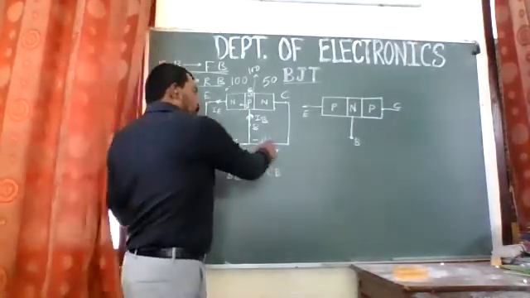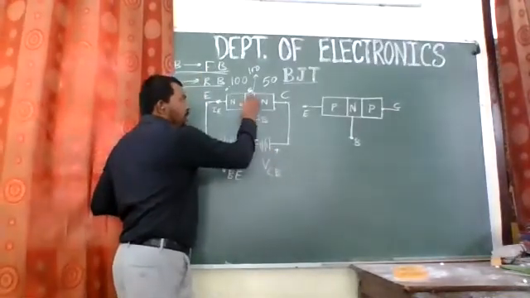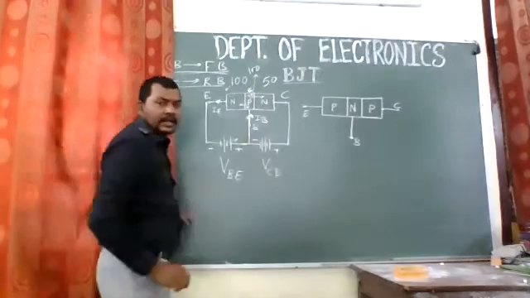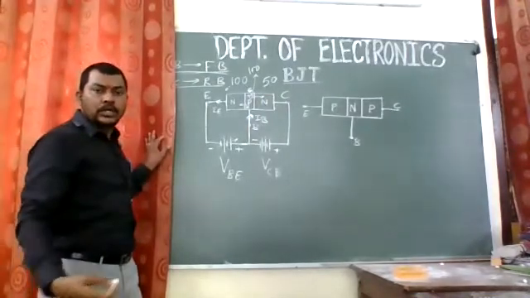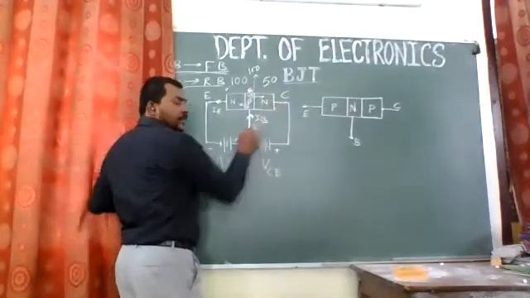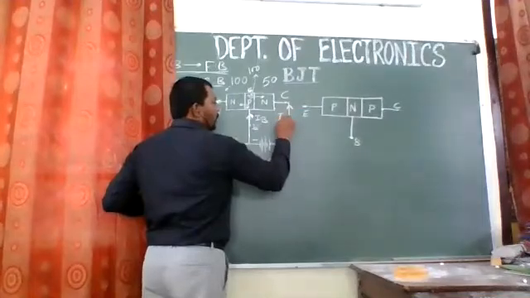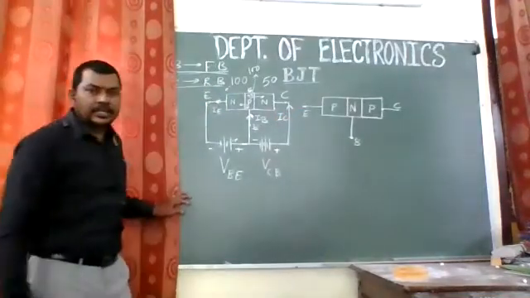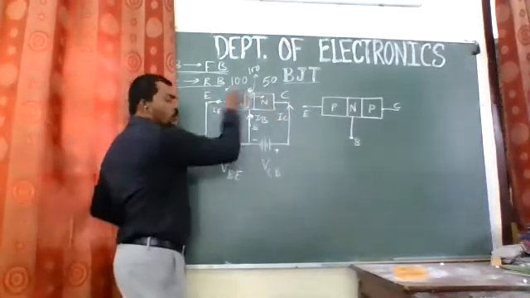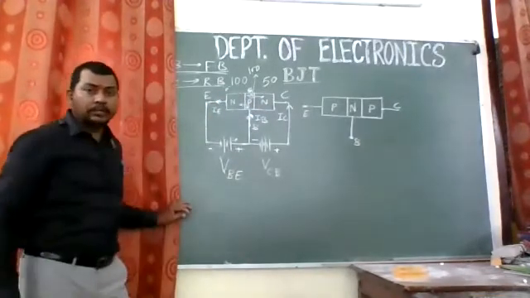Since the collector is connected to positive polarity, these electrons get attracted and induced into the collector, and the collector collects these 95 electrons, and again a current flows through the collector. We call it IC.